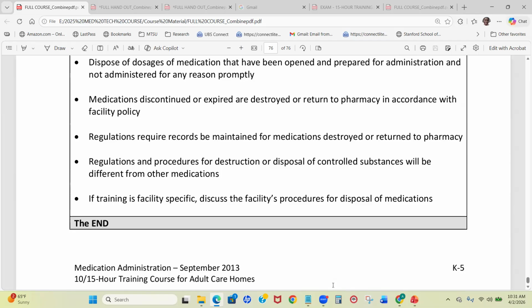So if a medicine was discontinued or expired, it has to be returned to the pharmacy in accordance with the facility policy. Regulations require records be maintained for medicine that were destroyed or returned to pharmacy. When the state comes around, these are one of the big things they look at.